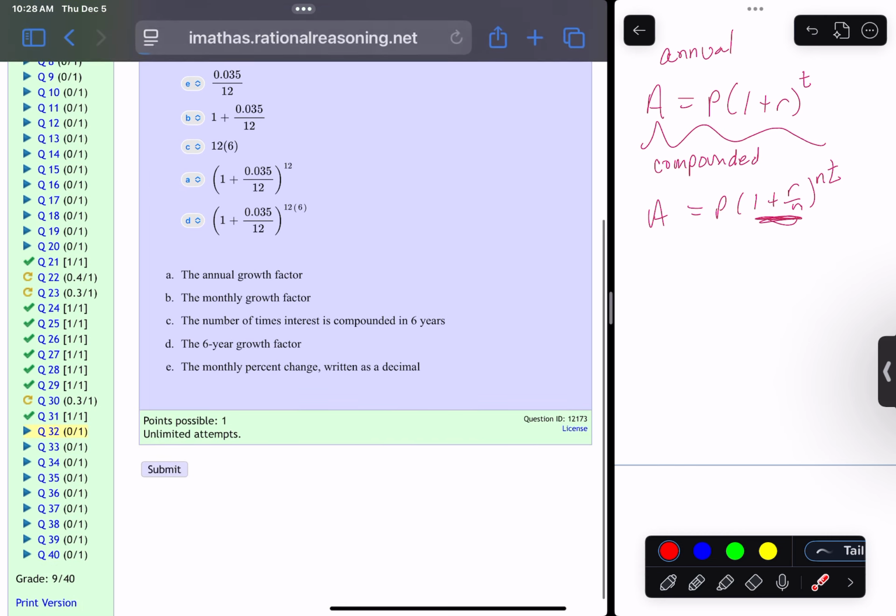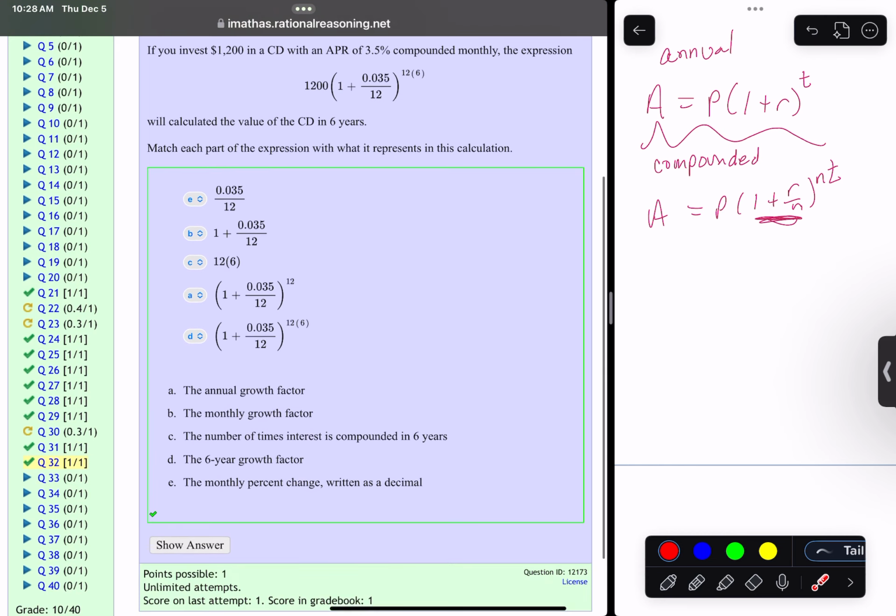Let's just check, make sure I got those all right. Okay, let's look at this formula one more time so I can take you through it. This piece right here, r over n, is the monthly percent change written as a decimal. The 1 plus r over n, just that plain thing, B, is the monthly growth factor. P is your starting amount.